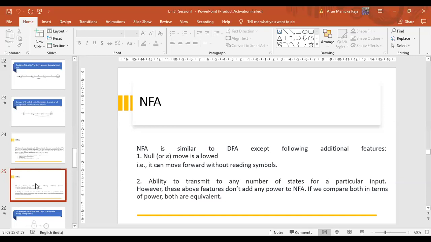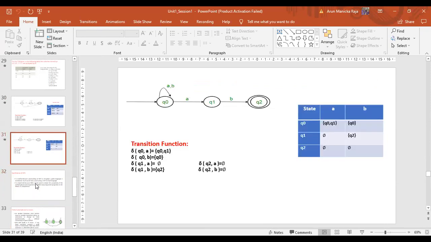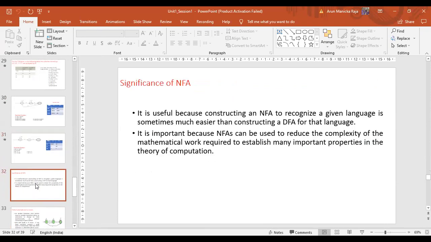Actually, in the compiler we use only the DFA, but for simplified purposes or efficient usage, we use the NFA and NFA with epsilon also. So you know what DFA and NFA are. This is the significance of NFA.